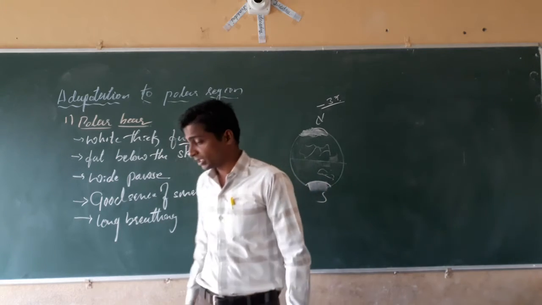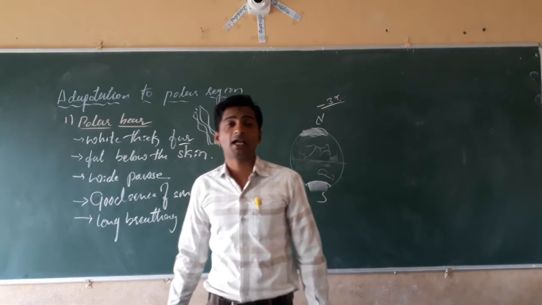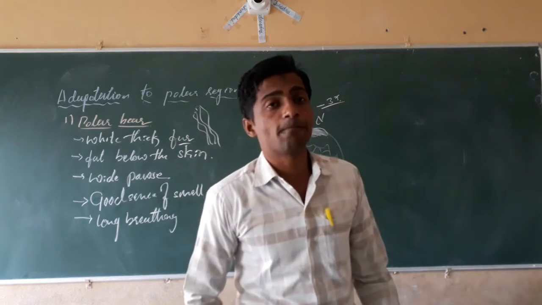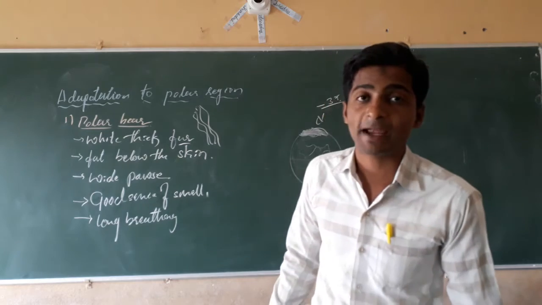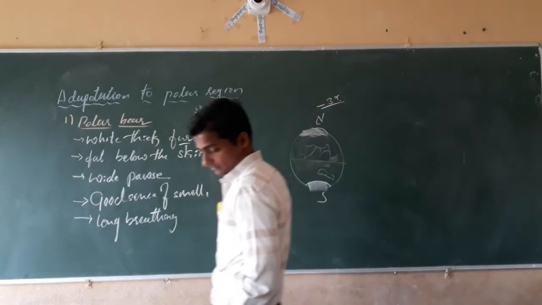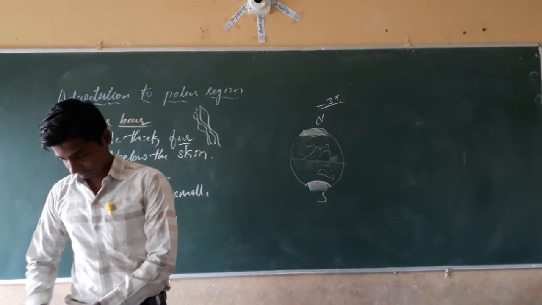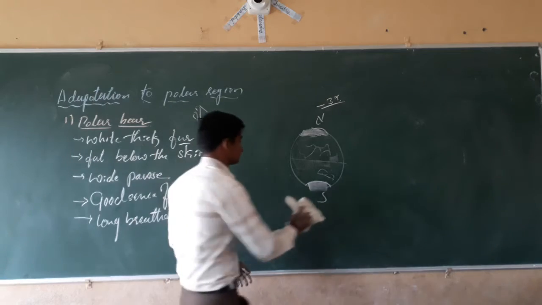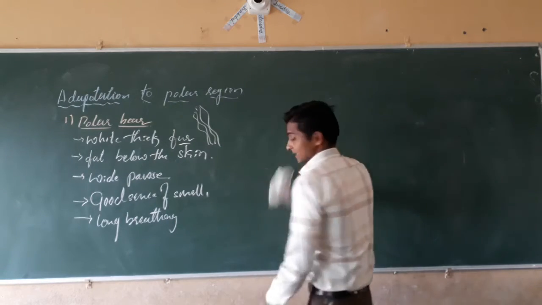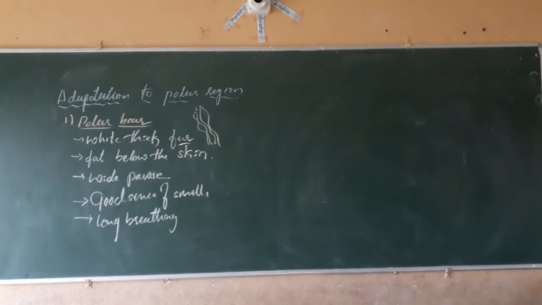polar bear. Next, along with that, one more animal living in the polar region is the penguin. Characteristics of the penguin we will see now.